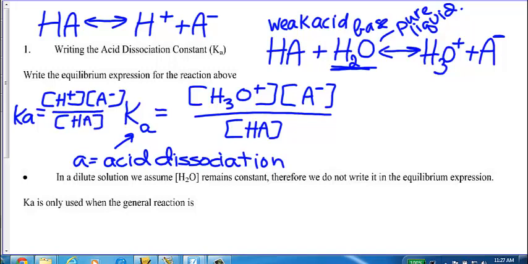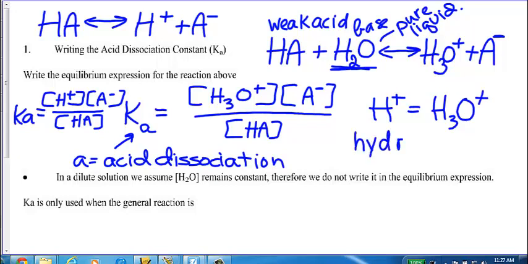H plus and H3O plus are the same thing. This is the hydrogen ion, and this is the hydronium ion. But they are equivalent to each other.